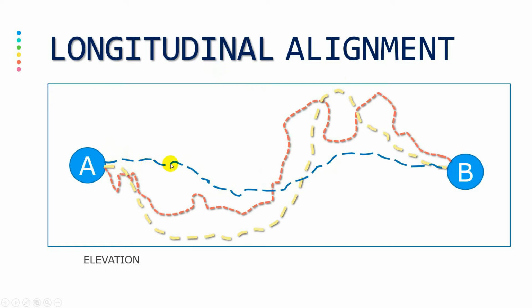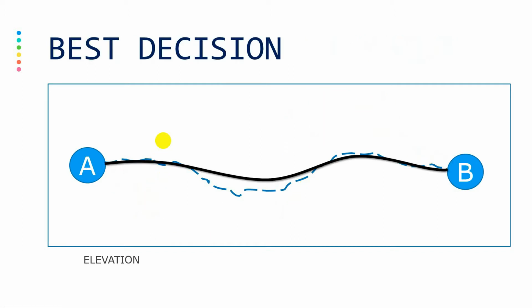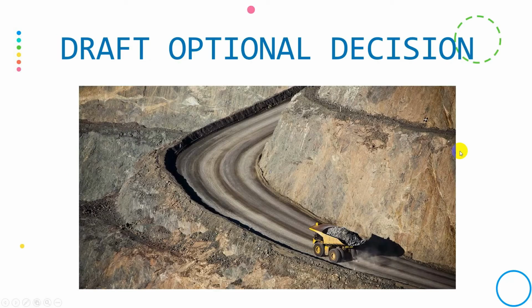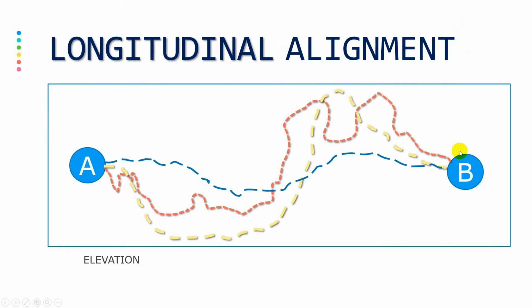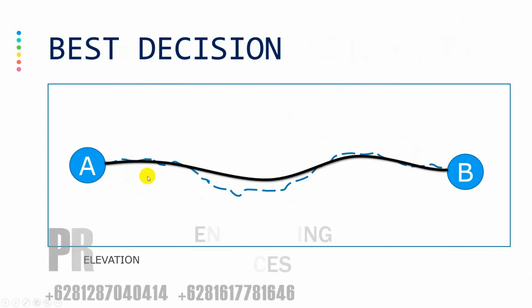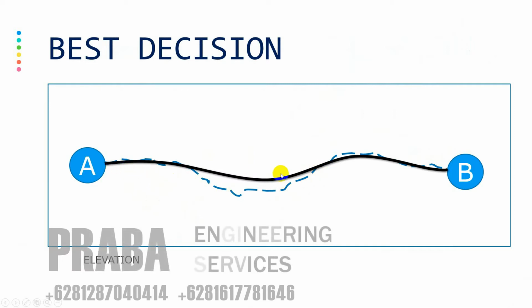This is the original ground level option A, B, and C. After we decide which is the best location, okay, you have the longitudinal alignment. We have automatically created the existing ground surface for options A, B, and C. Then after you have the last decision, we can create the profile for the design. This is the final elevation.